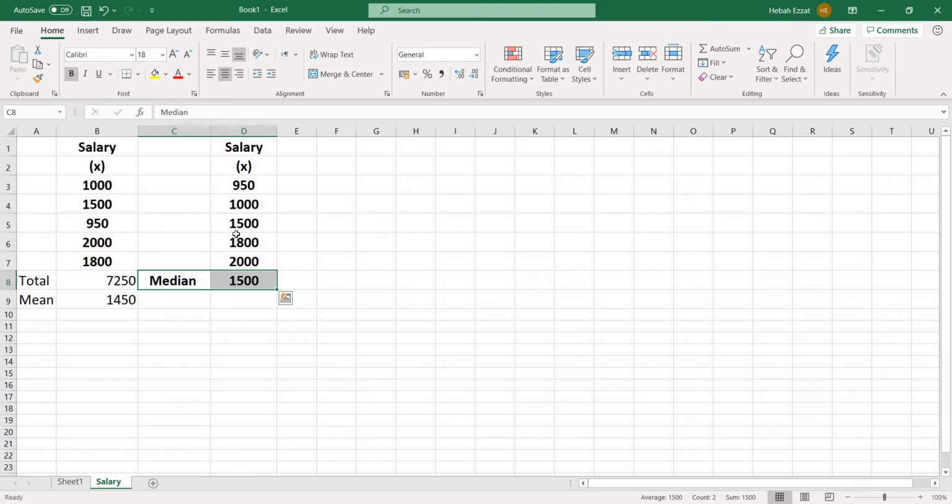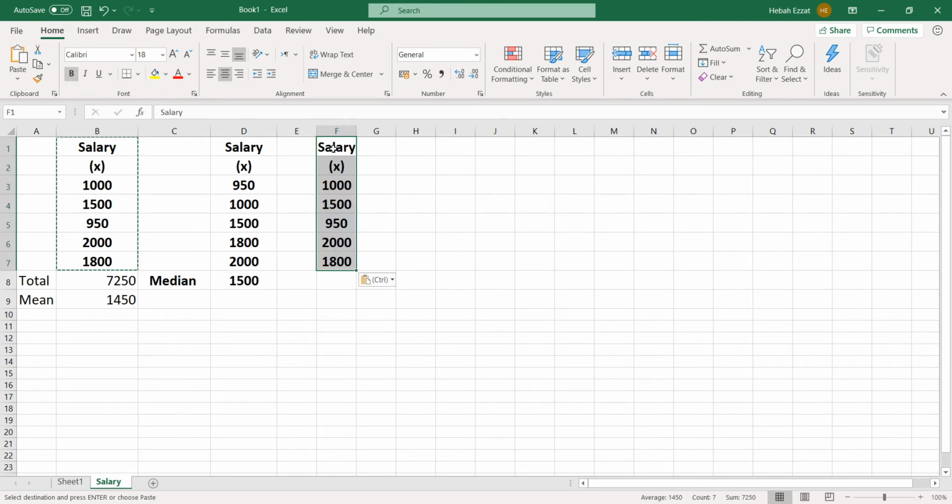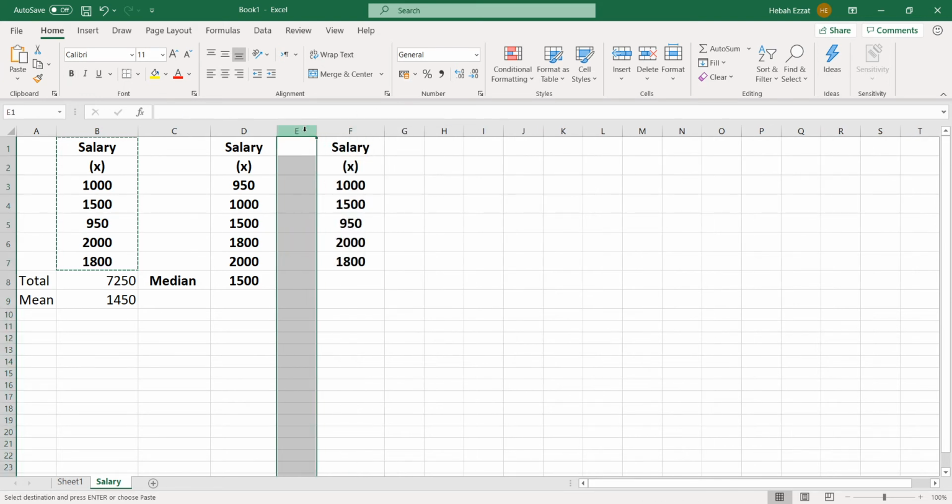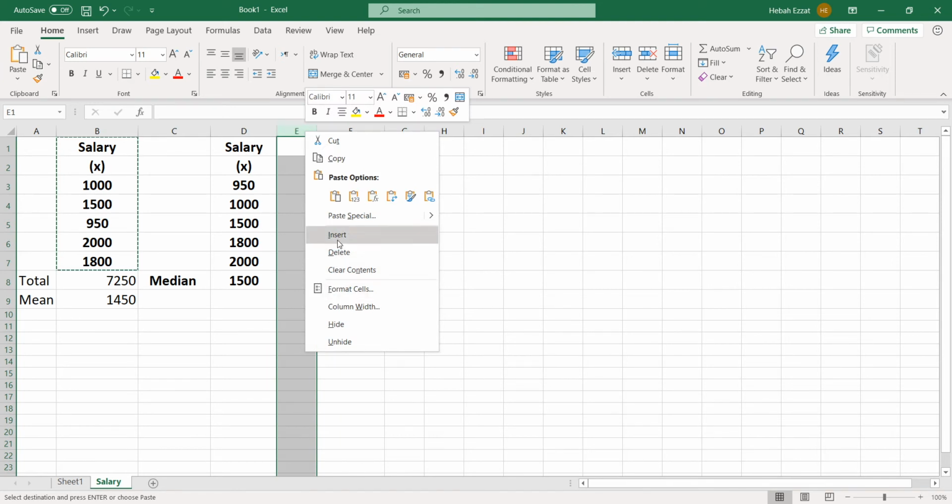Of course, this can be done with much easier steps than doing these 2 steps manually. I will just take this column again, copy and paste it here, and leave some space.